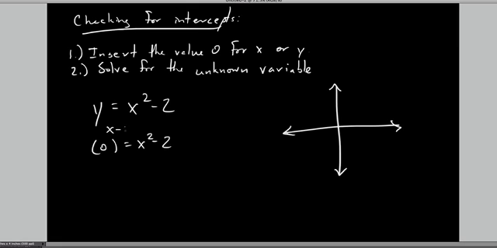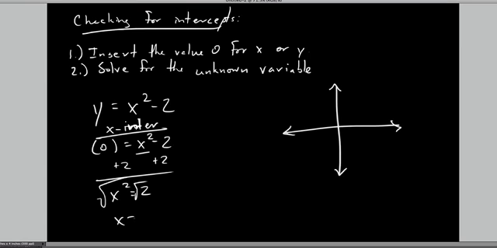Sorry, that's an x-intercept. So let's solve for x. Adding 2 to both sides, simple algebra, x squared is equal to 2. And therefore, taking the square root of both sides, x is equal to not just the square root of 2, but plus or minus.